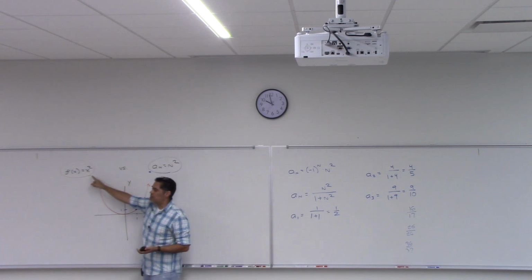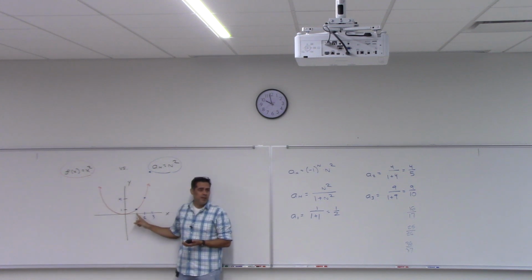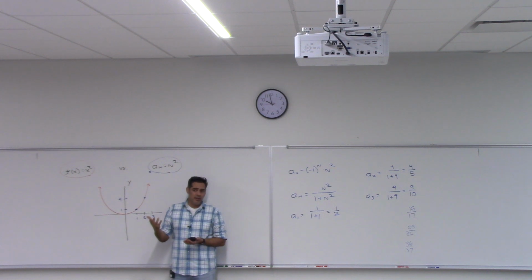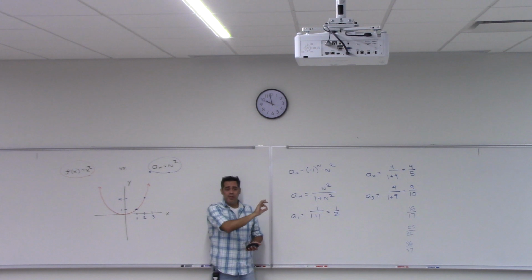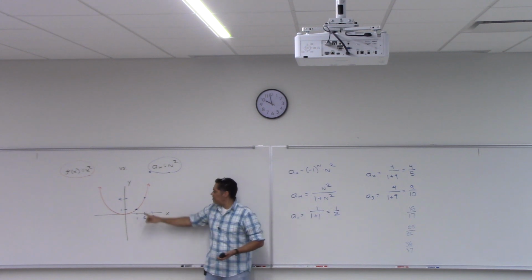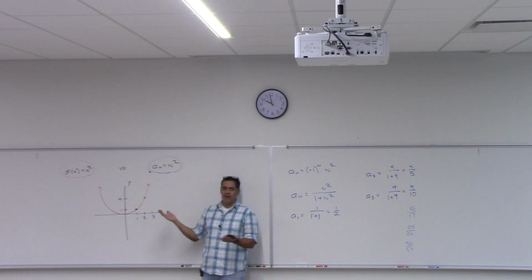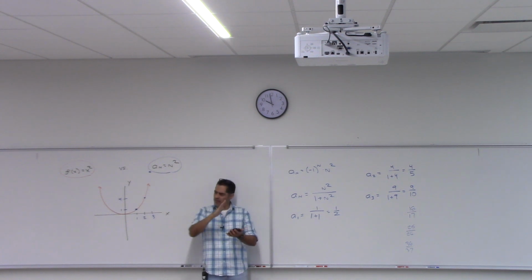The derivative relies on the continuity of the function. Your function has to be smooth and continuous for us to differentiate it. Dots are not smooth and continuous. What's the derivative of a dot? There's no tangent line on a dot because you don't have that curve to fit your tangent line in.